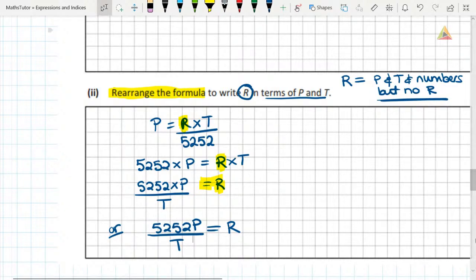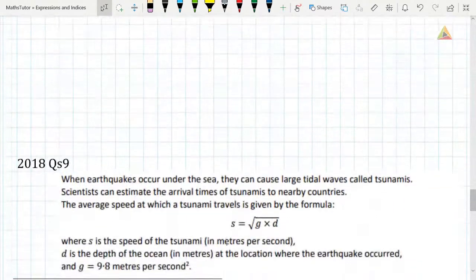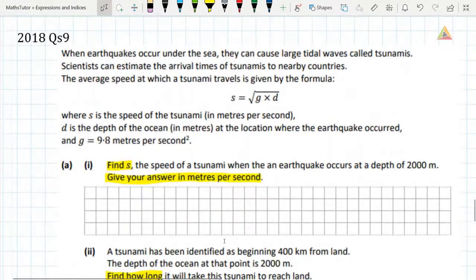We'll see another example of this rearranging equations in 2018 question 9. So this question says, when earthquakes occur under the sea, they can cause large tidal waves called tsunamis. Scientists can estimate the arrival times of tsunamis to nearby countries. The average speed at which a tsunami travels is given by the formula.